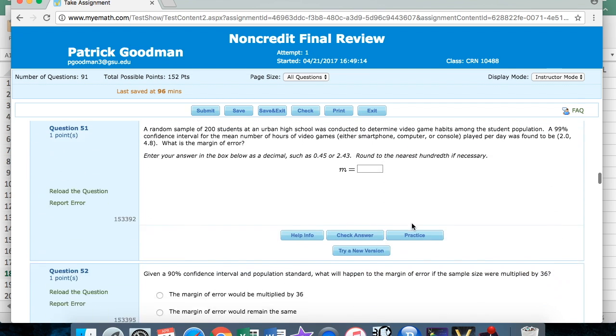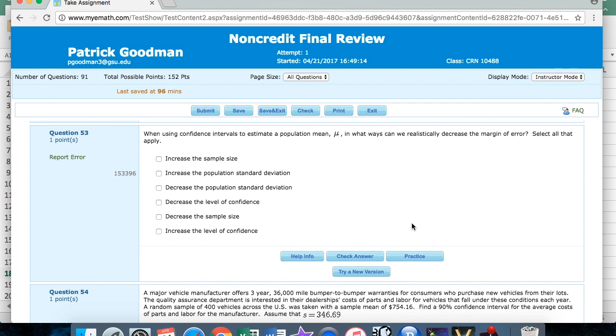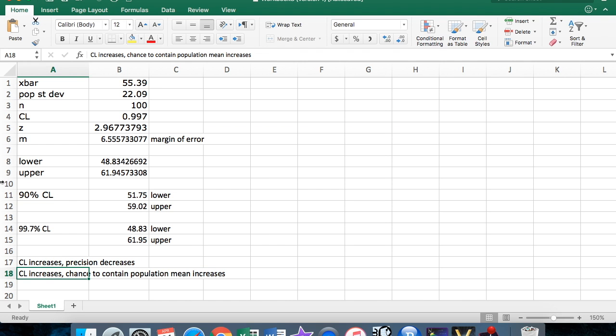So problem 53. This is another good problem too. When using confidence intervals to estimate a population mean mu, in what ways can we realistically decrease the margin of error? Okay, this is saying in what ways can we get smaller values for m? So look at our formula for m.